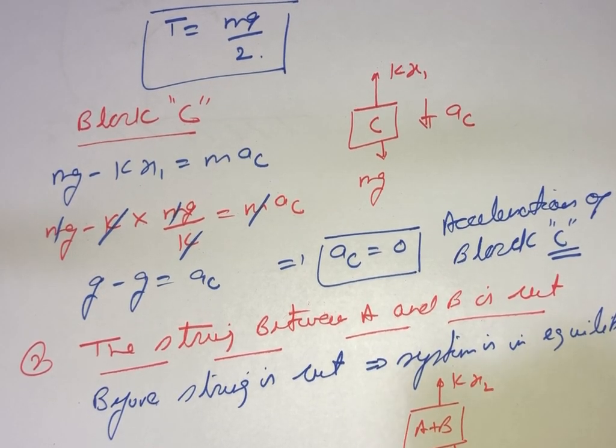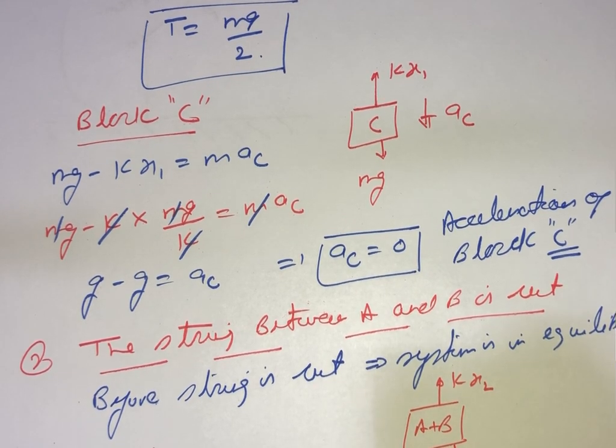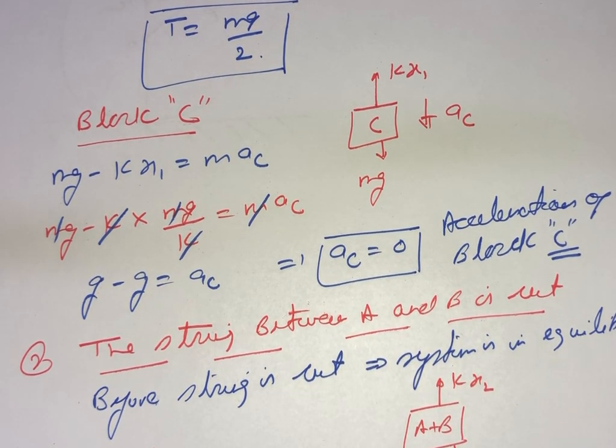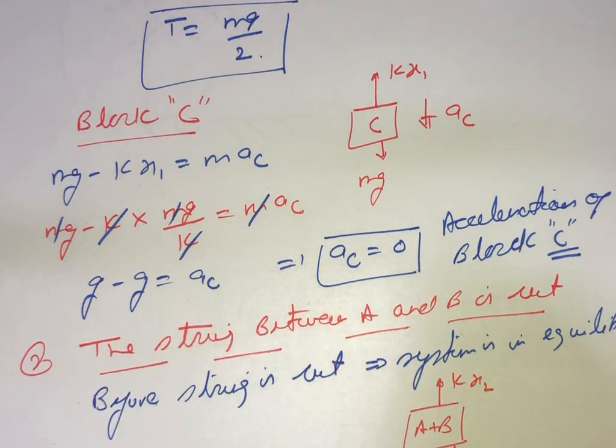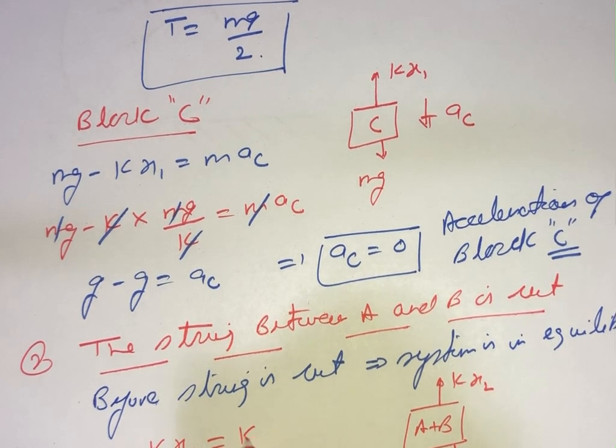In the downward direction we are going to have 2mg, and because of the spring x1, we are going to have kx1. So we can write the equation as 2mg plus kx1 is equal to kx2.